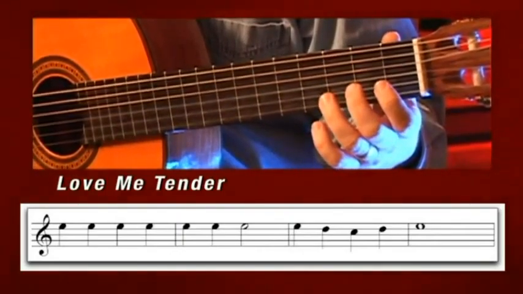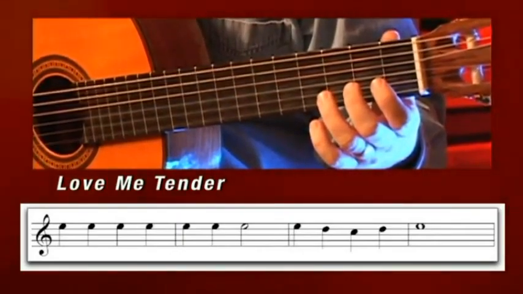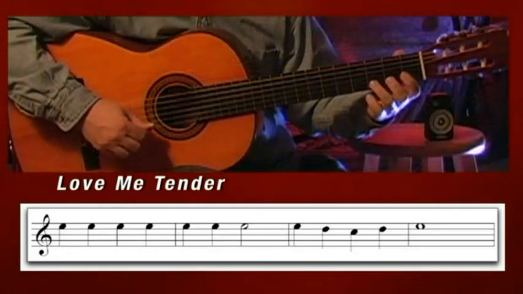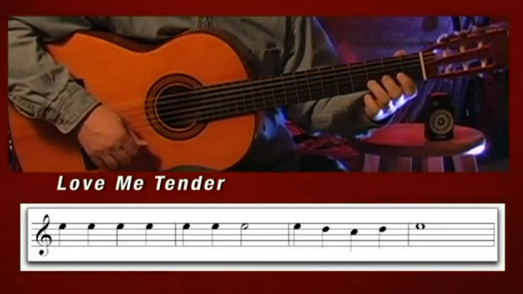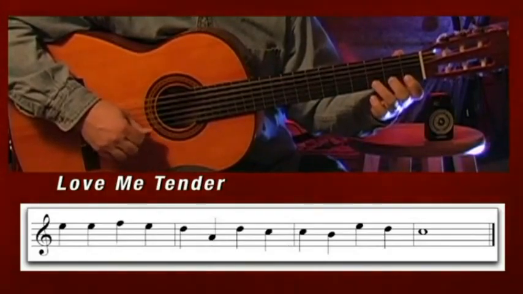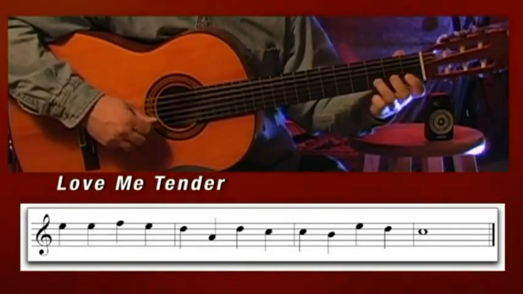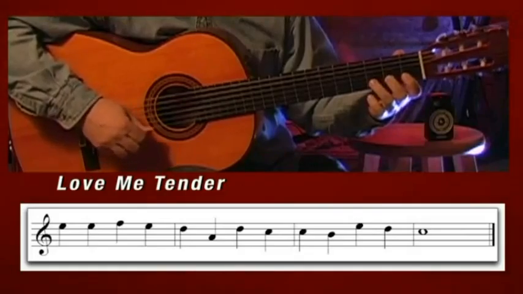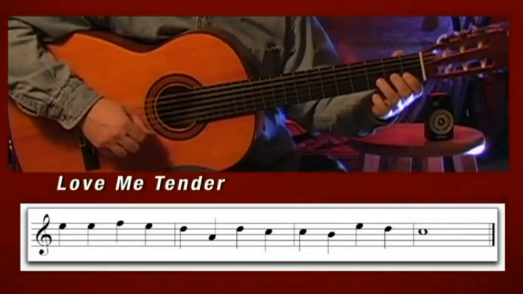This is the easy part. 1, 2. 2, 3, 4. 2, 3, 4. All the practice you can get is really going to start paying off as we're coming toward the end of learning these notes on the 3rd and the 4th string. So get ready, and we will see you next time.